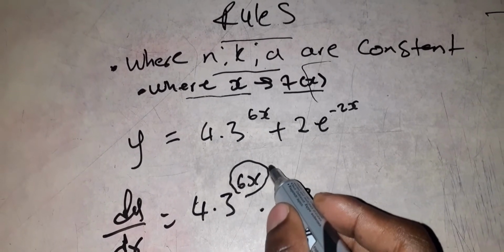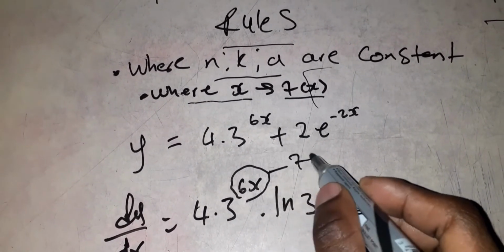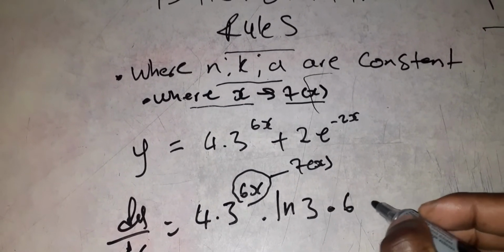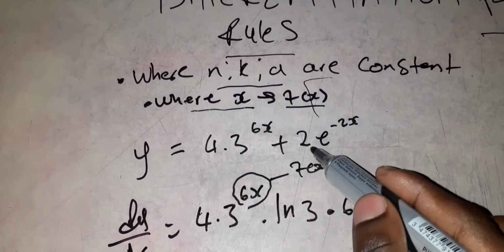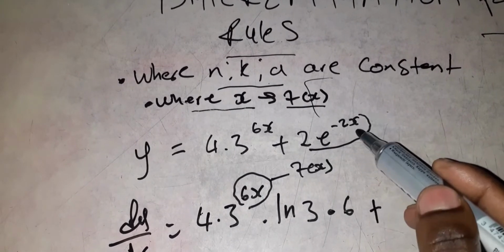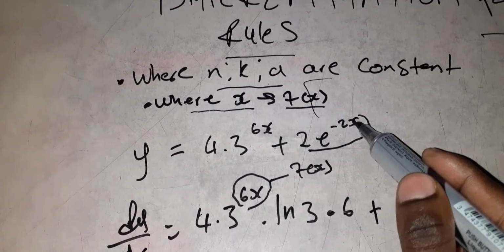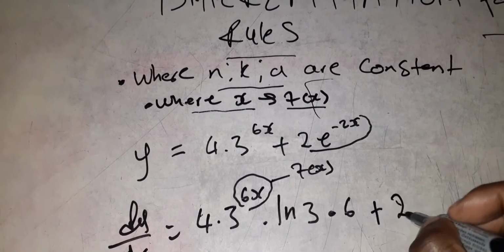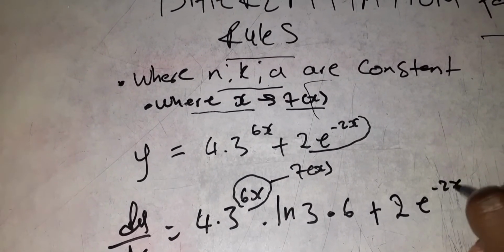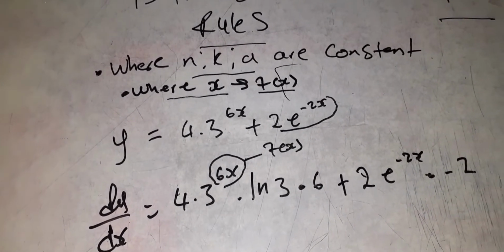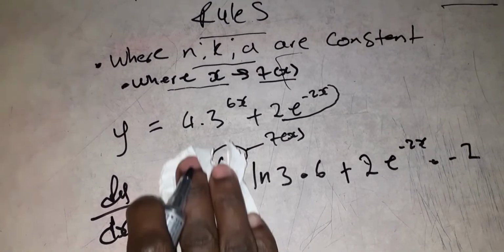In this case, this is your f of x, so we multiply by 6. Then plus, remember I said in this situation you just copy it exactly as it is, then you multiply by the derivative of the exponent. So it will be 2e to the power of minus 2x, then multiply by negative 2. That's it. Nothing complicated here.